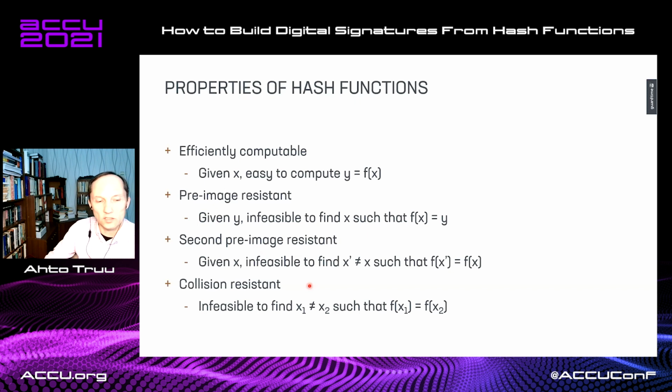And in collision resistance, it is possible to show that if you have an n-bit hash function, then the upper bound on how difficult it is to find a collision for this hash function is not 2 to the power of n, like in the case of second preimage resistance, but 2 to the power of n over 2, or the square root of 2 to the power of n.